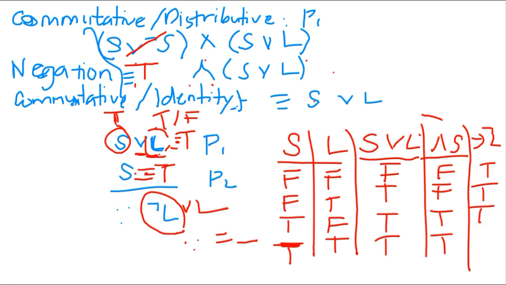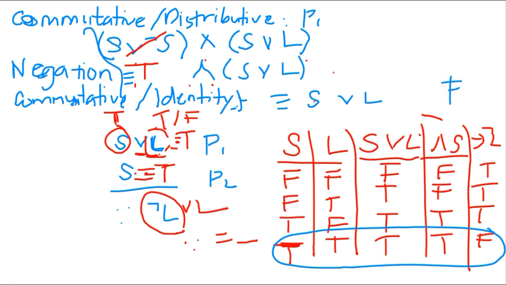Almost a tautology. But the final row is true implying not of true. True implying false will be false. And this is the highlight of it not being a tautology. So again, by logical equivalence and truth table, we can see that it's a fallacy. It's not valid.